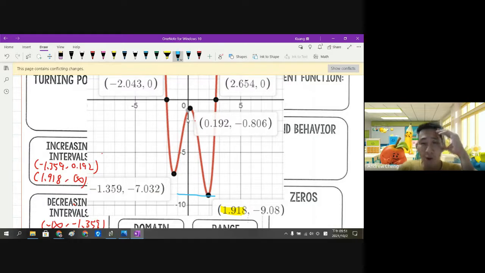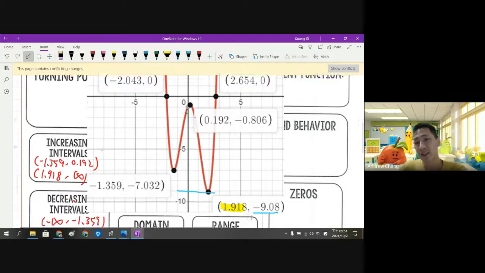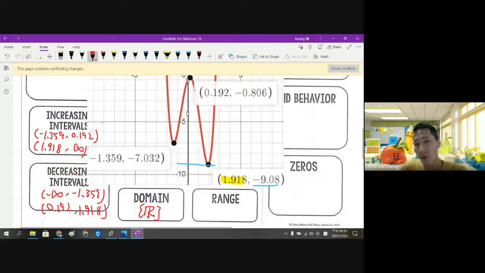So the whole graph is above negative 9.08. So that's why the range is y greater than or equal to negative 9.08, because the graph is above that point. If the graph went like this, down to this point, I would say it'll be less than, but obviously the graph is above that, so it will be greater than or equal to negative 9.08.